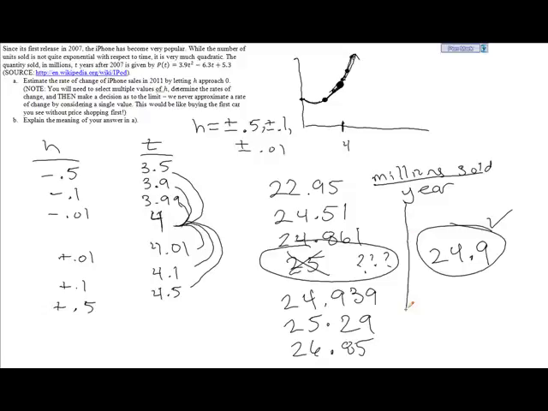These are all the slopes for average rates of change between 2011 and nearby points. But our estimate for what's happening right at 2011, the snapshot, or the instantaneous speed, is 24.9 million sold per year.